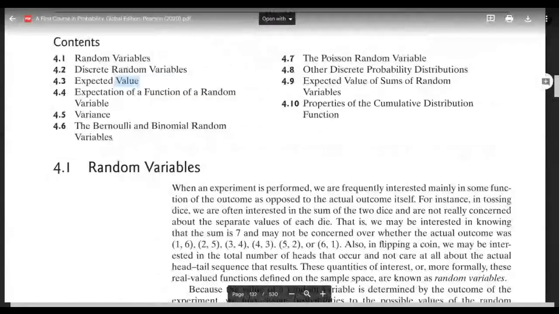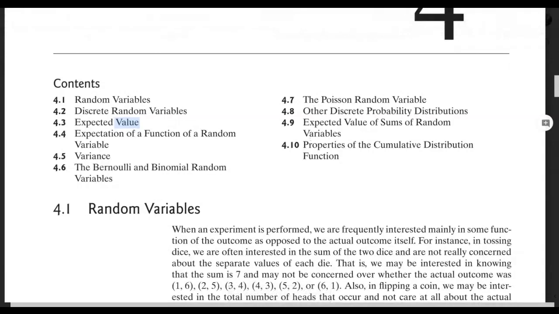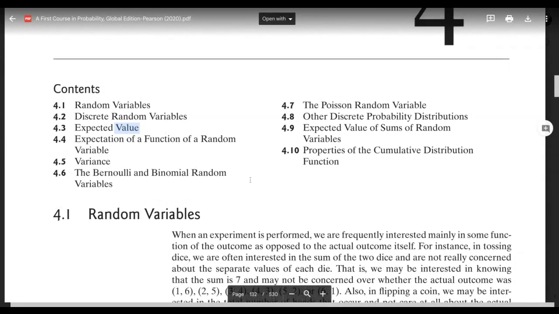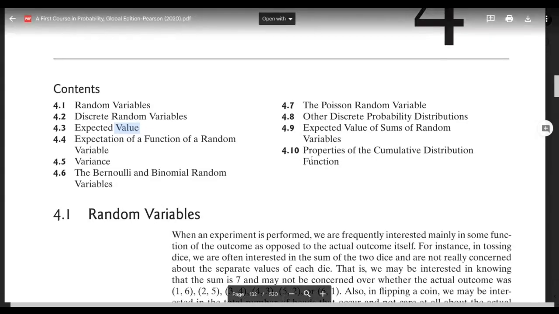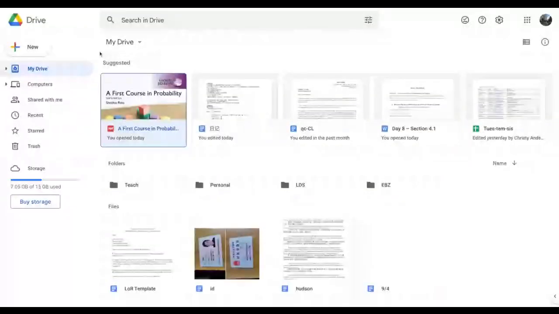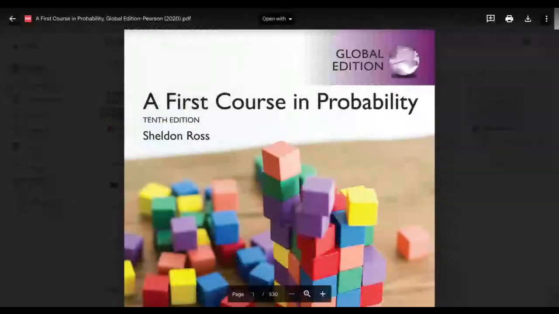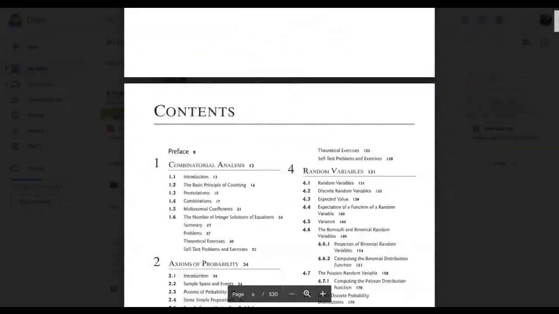Probably it's going to take us 2 or 2.5 weeks to finish chapter 4, or maybe I just use 2 weeks because some stuff I don't really have to talk about. Actually, let's go back to the very beginning, because I need to cover the syllabus.